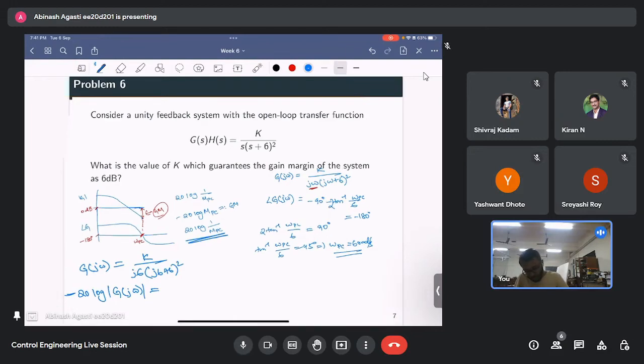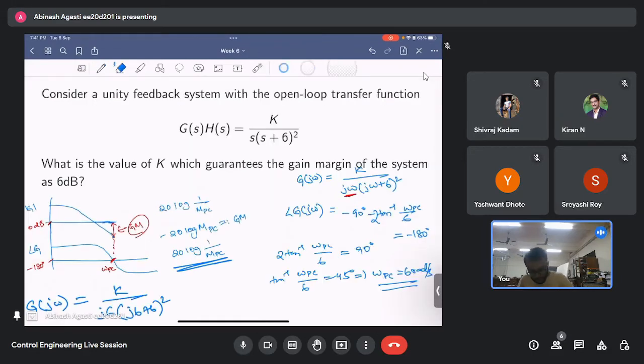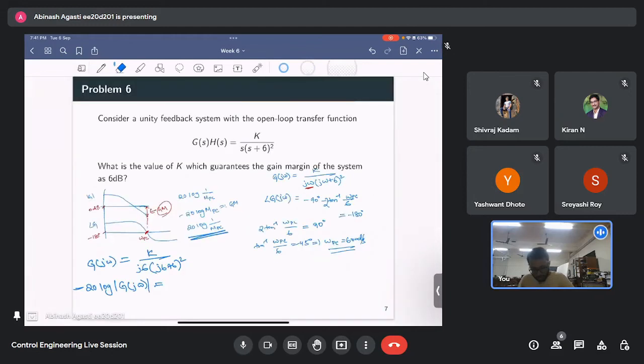Say this is (jω plus 6) whole square, right? Now tell me what the value should be. Let us just write this in normalized form, K by, or just tell me this value, 20 log mod of jω.